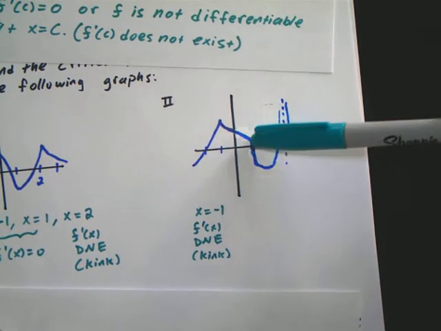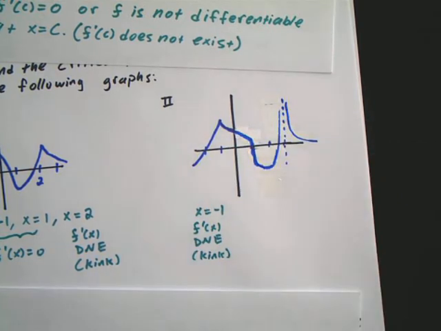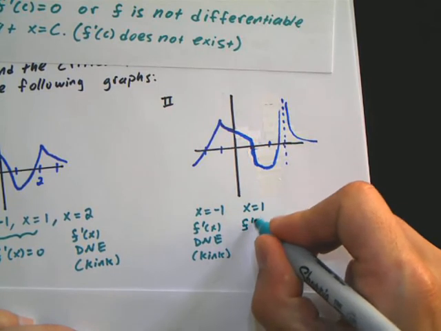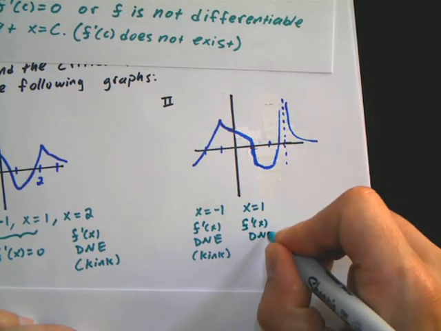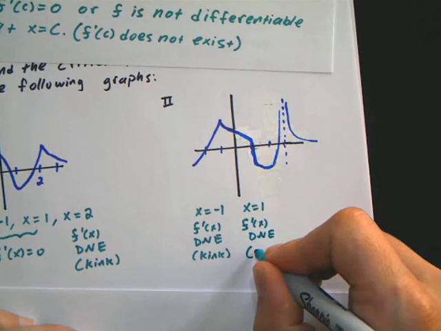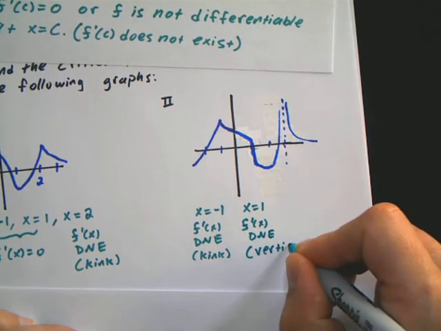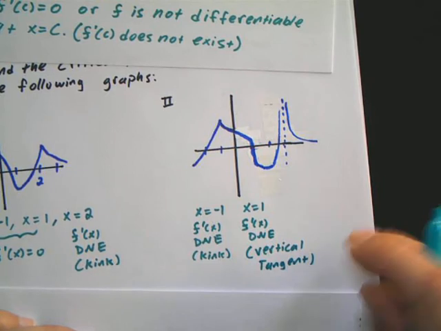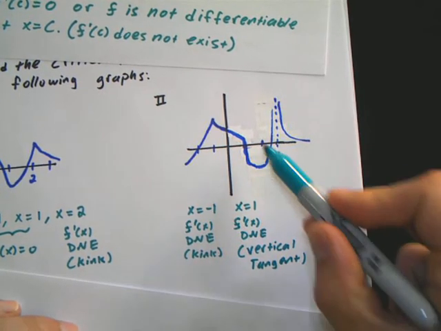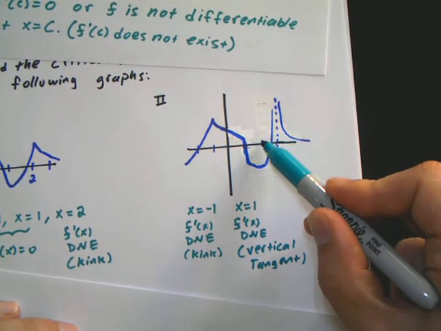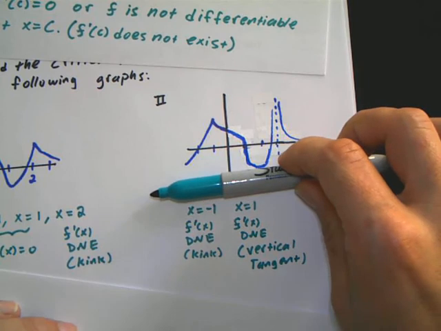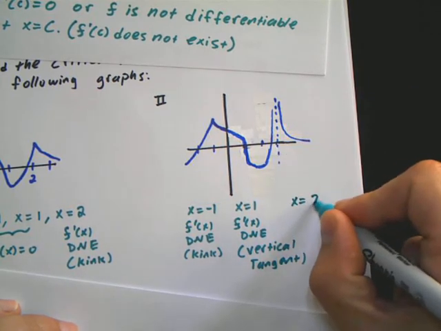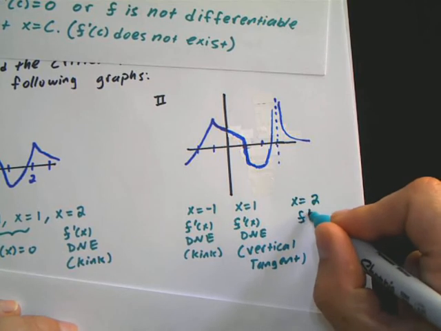So x equal to 1 is also a critical point. Derivative does not exist. You would say a vertical tangent line. And based on the definition, there being a minimum at x equal to +2 would also be a critical point. So you would say that the derivative at x equal to 2 is equal to 0.